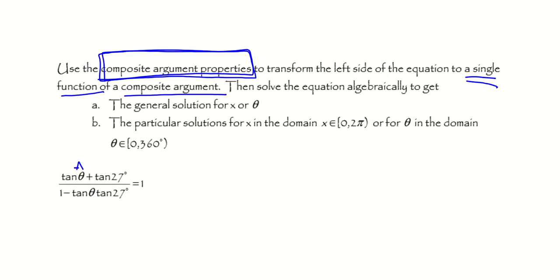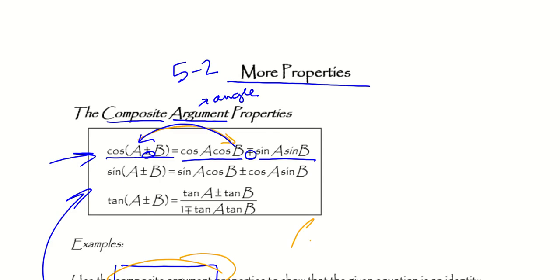Well, this could be my A, 27 could be my B. So I have the tangent of A plus the tangent of B over 1 minus the tangent of A times the tangent of B. So we go back and we look at our tangent properties.